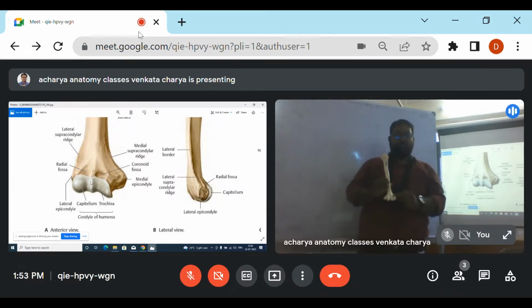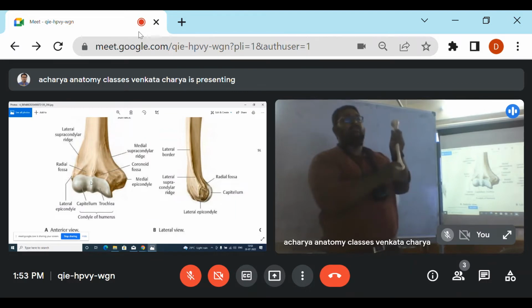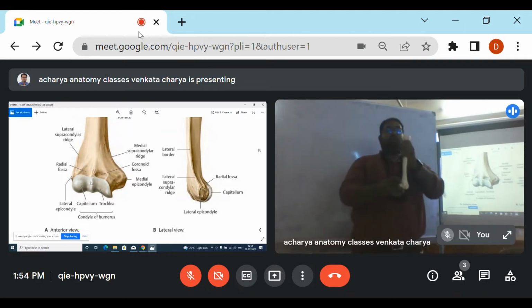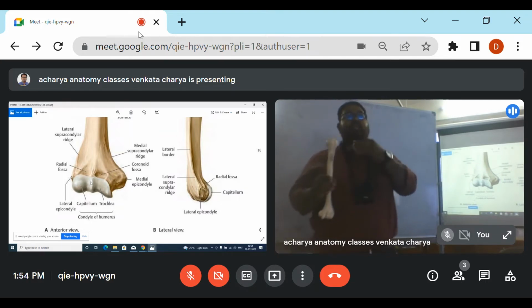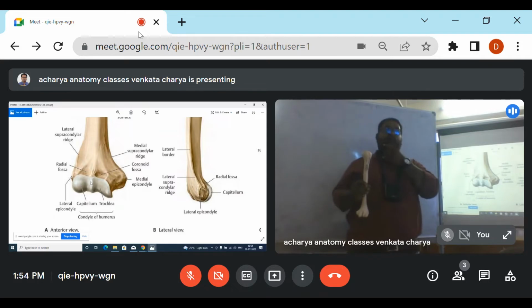Just above the round articular facet there is a depressed area called the radial fossa, which faces anteriorly. Above the trochlea there is another depressed area called the coronoid fossa, which also faces anteriorly. So these are the side determination points of the humerus.